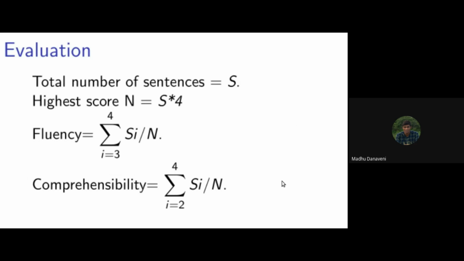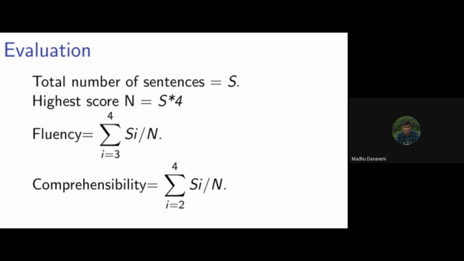This is how we calculated the adequacy, fluency, and comprehensibility scores of the output. We calculated fluency if the sentences were marked 3 and 4. Comprehensibility was calculated for sentences given 3 to 4.